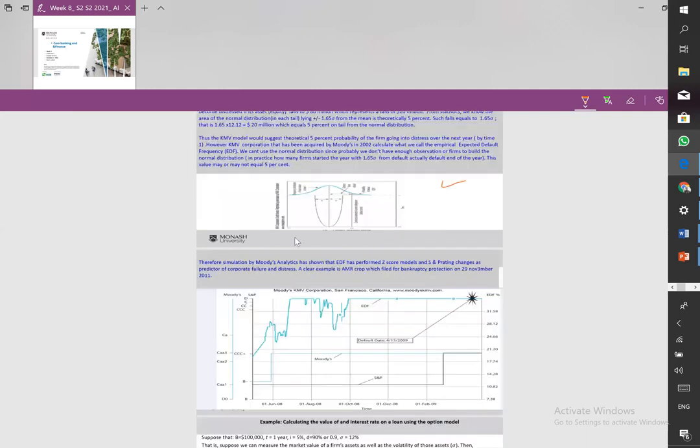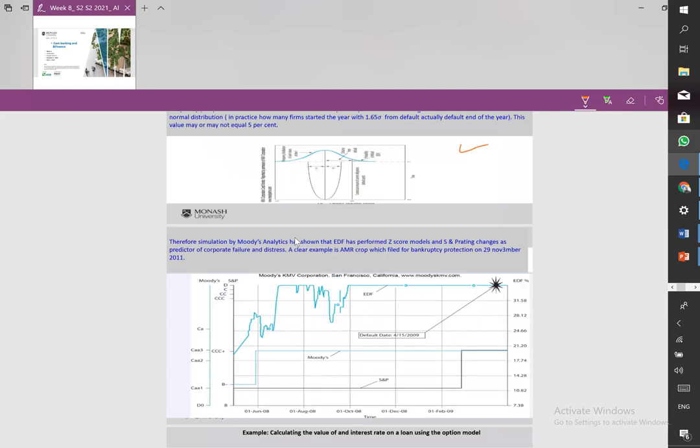Because if you take this model, for example, this company, this is the rating of Moody's, and this is the rating of S&P, and this is the EDF, expected default function. So if you can see, Moody's was saying this company, this is a real example, is B.